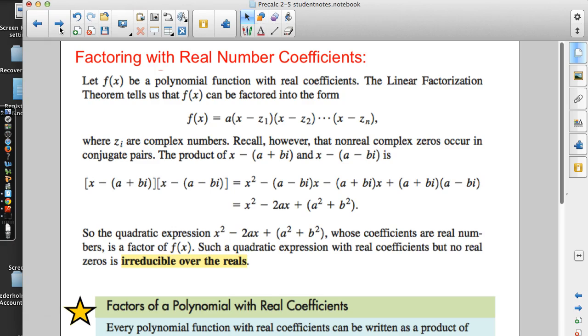Well, if we had x squared minus a minus bi x, and then we had x minus a plus bi x, and we went through and did FOIL on this big monster mess, first times first, outside times outside, inside times inside, and last times last, we would notice there are two of these middle term things again. And of course there is, because we're constantly talking about that perfect square trinomial piece.